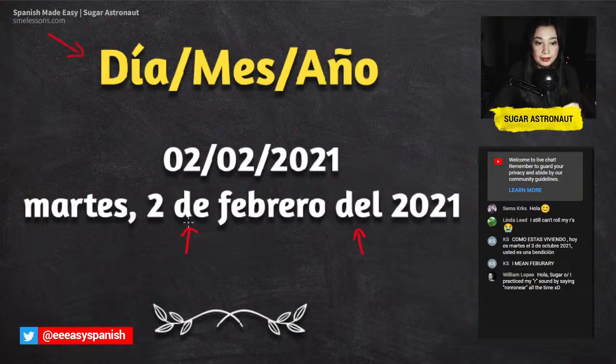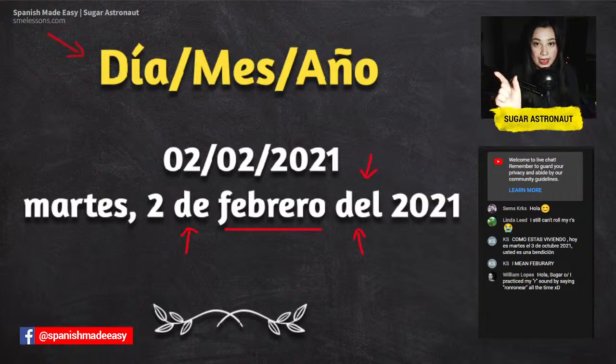You have to say 2 de, okay? 2 de febrero. In this case, that's the month. And then you have to say del. That's a short word because in Spanish we don't say de él.